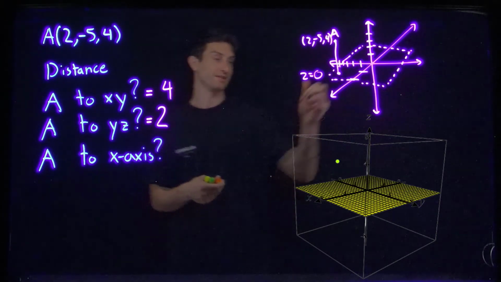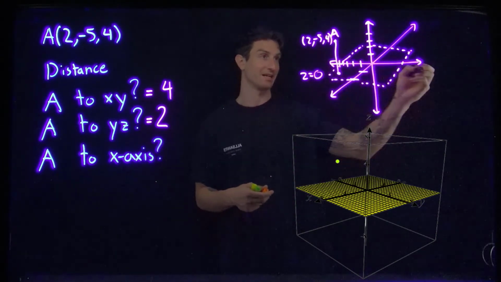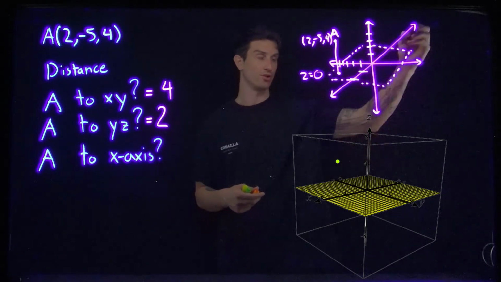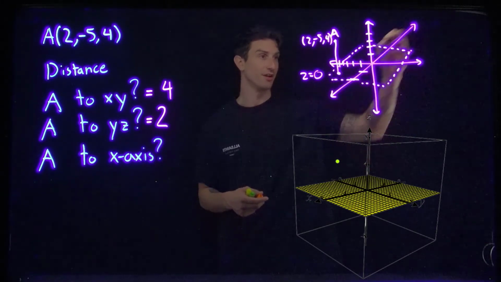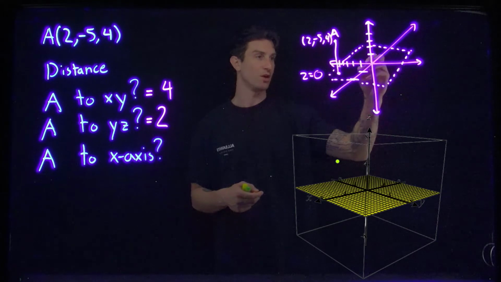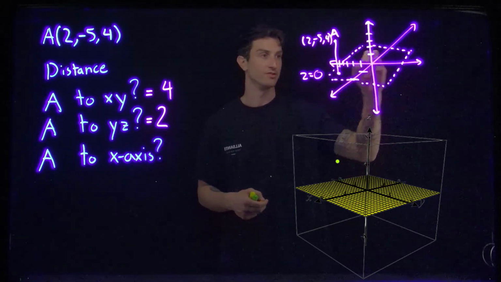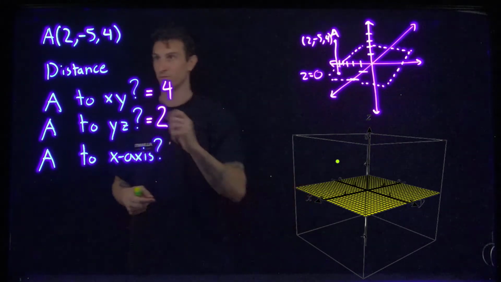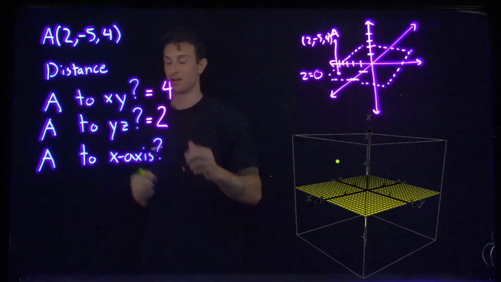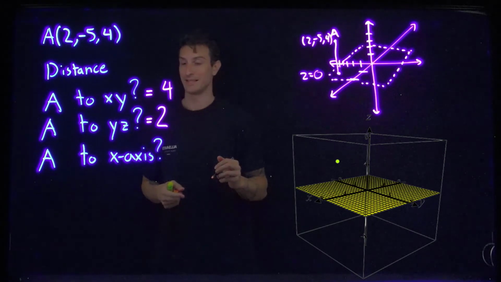For your x-axis, think about if we're just traveling along my x-axis, my y values aren't going anywhere, my y value is 0. And my z values aren't going anywhere, my z value is 0. So we need to take the distance of our y and z, right?